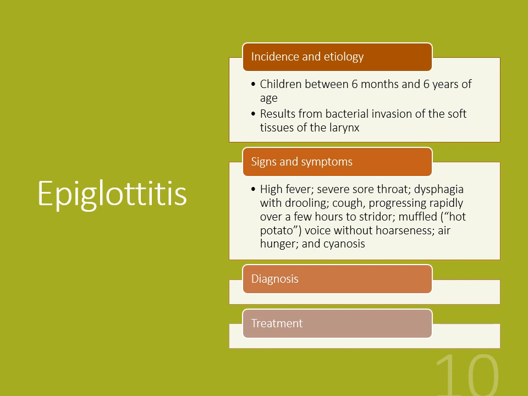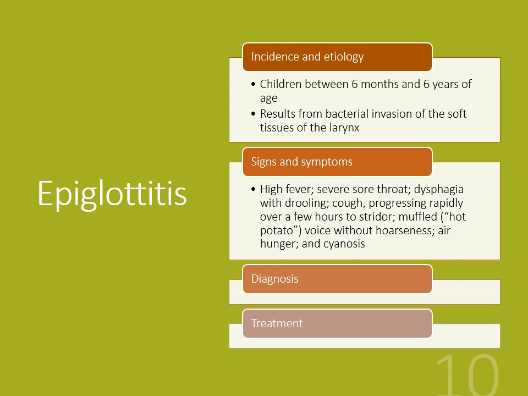Every attempt is made to maintain a non-threatening atmosphere and keep the child calm until a controlled intubation in the OR can be achieved. This should be done under general anesthesia with a pediatrician or a pediatric anesthesiologist. Attempts to directly visualize the epiglottis, draw blood, insert IVs, or lay the child flat should be avoided.